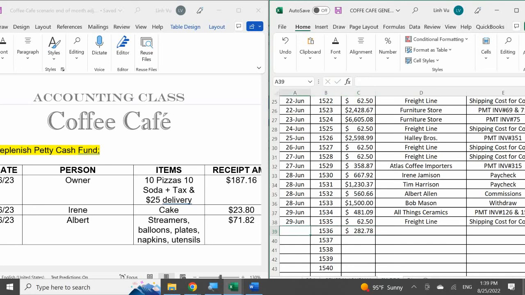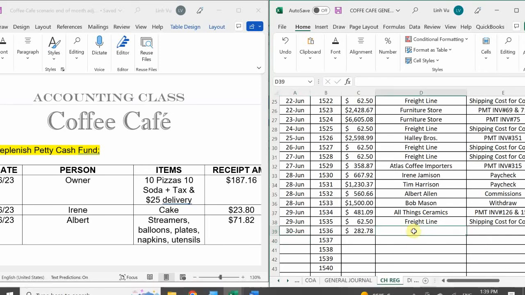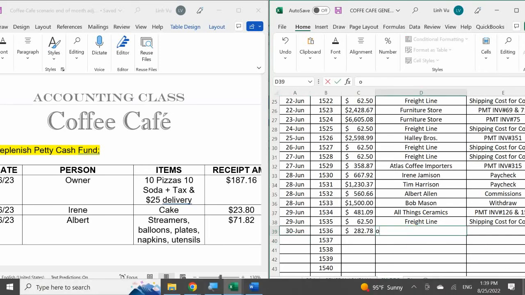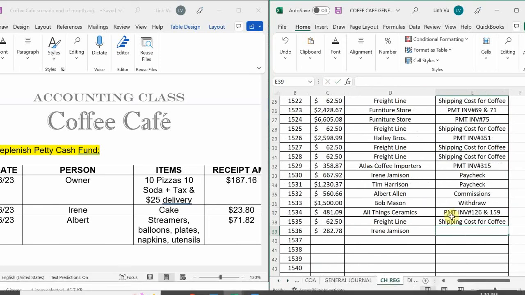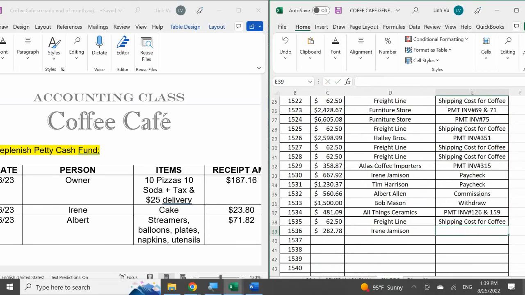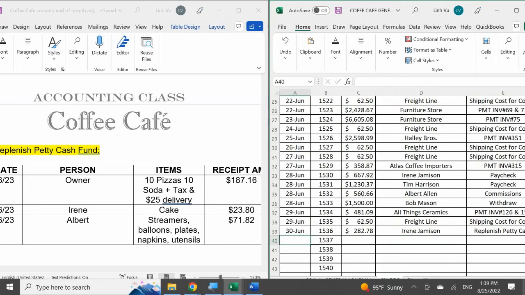It's going to be June 30th. Who's in charge of the petty cash? Eileen Jameson. And the note would be to replenish petty cash fund. Check number 1536.